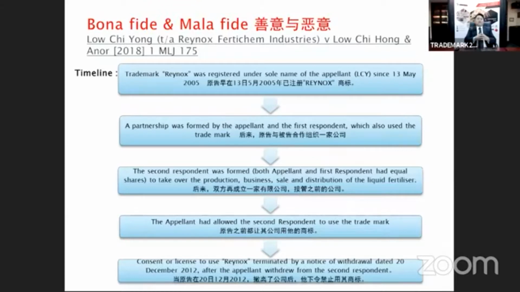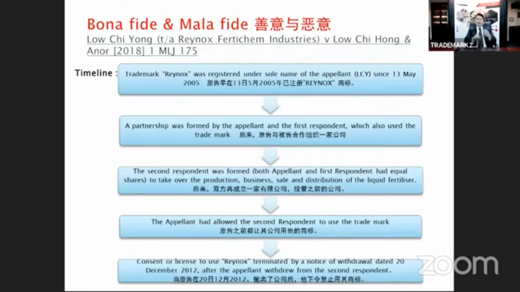This case is concerning what is bad faith registration. The case is about Lo Chi Yong versus Lo Chi Hong. See, these two are brothers. This is a real case. It's a very recent authority, 2018, a published case from the Federal Court of Malaysia. The Federal Court is the highest court, okay?